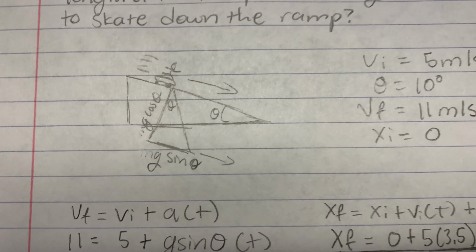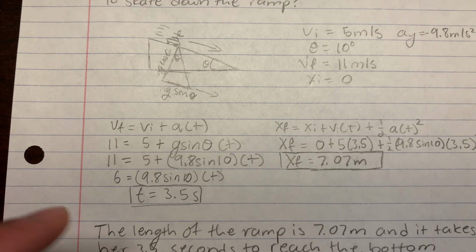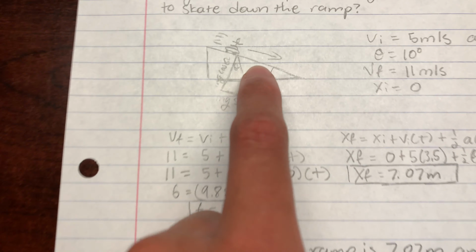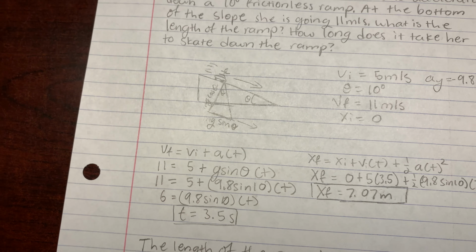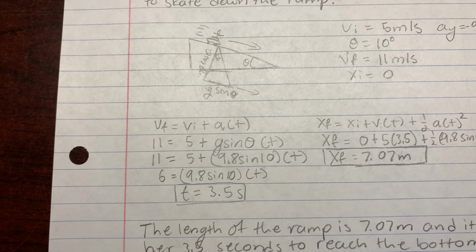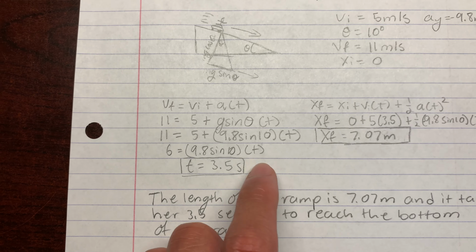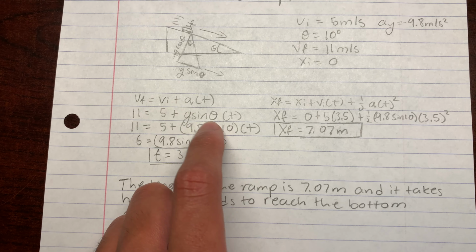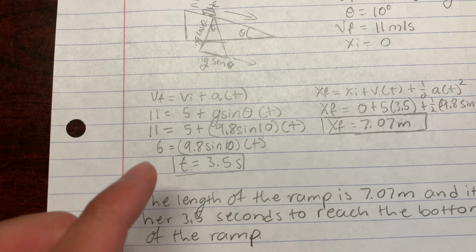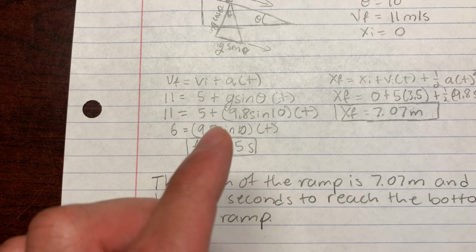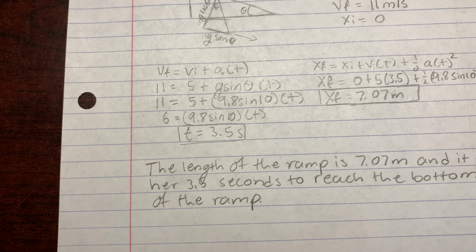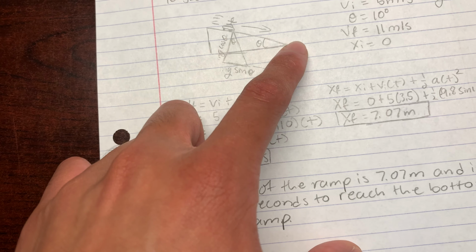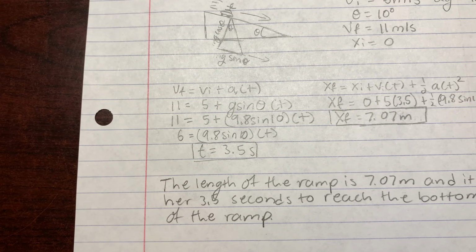Since the bottom of the triangle is parallel to the skateboarder going down the ramp, we use g sine of theta for acceleration. Plugging that in times time, according to the kinematic equation, we get 11 equals 5 plus 9.8 sine theta, the component of acceleration going down the ramp, times time.